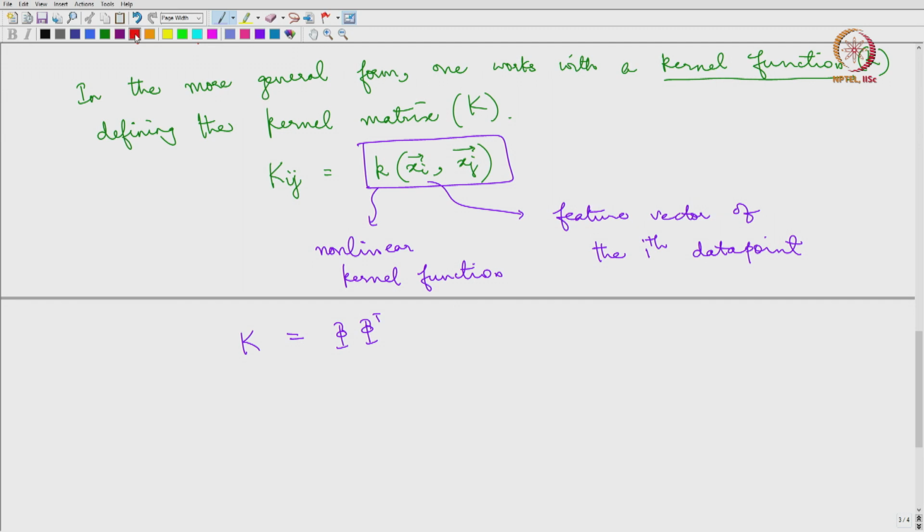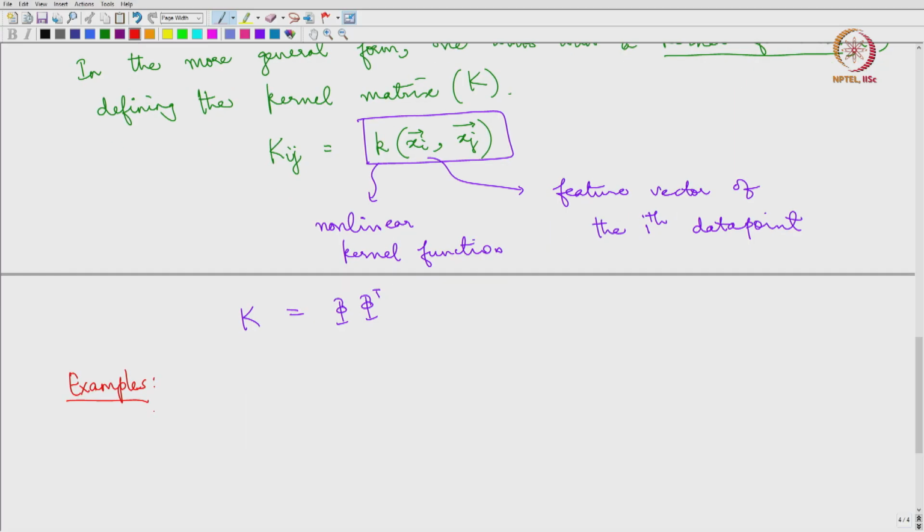So, some examples of course to give you a feel for what is happening, and you have seen these examples even in support vector machine with a kernel. So, you could have a polynomial kernel where your Kij, right, ijth entry of the kernel matrix is 1 plus the inner product of the ith and the jth feature vectors to the power d. Okay.